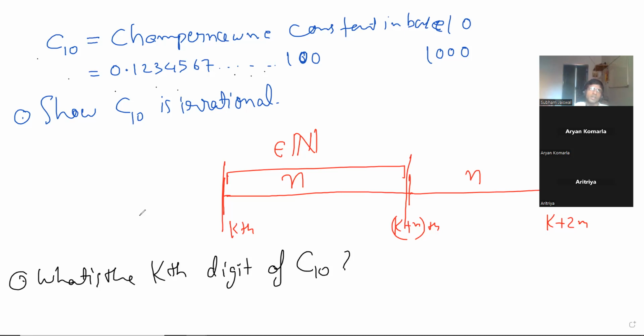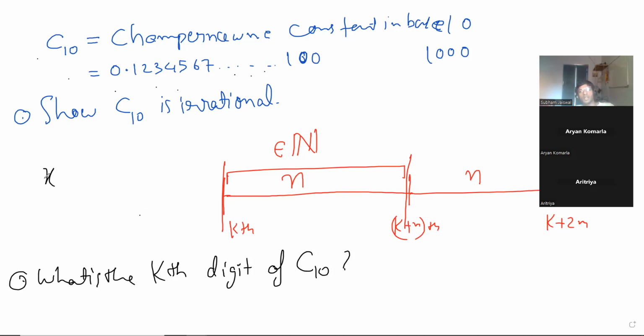Basically, every number which is not transcendental, which is algebraic, can be approximated. Every number can be approximated by rationals, right? But how well can you approximate? How close can you get?